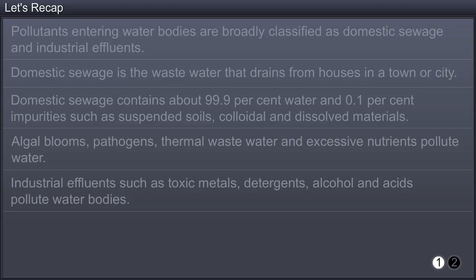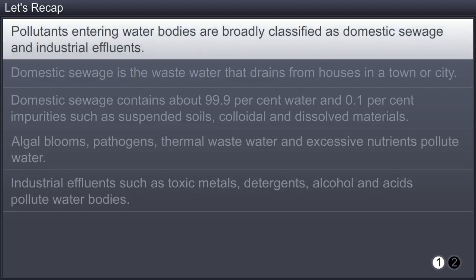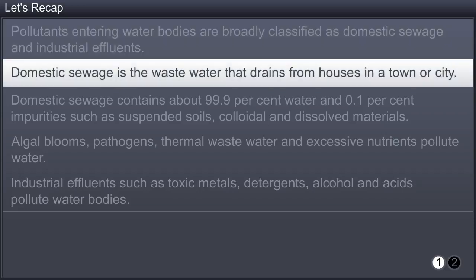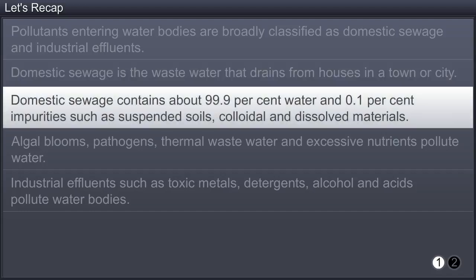In this module, you learnt that pollutants entering water bodies are broadly classified as domestic sewage and industrial effluents. Domestic sewage is the wastewater that drains from houses in a town or city. Domestic sewage contains about 99.9% water and 0.1% impurities such as suspended soils, colloidal and dissolved materials.